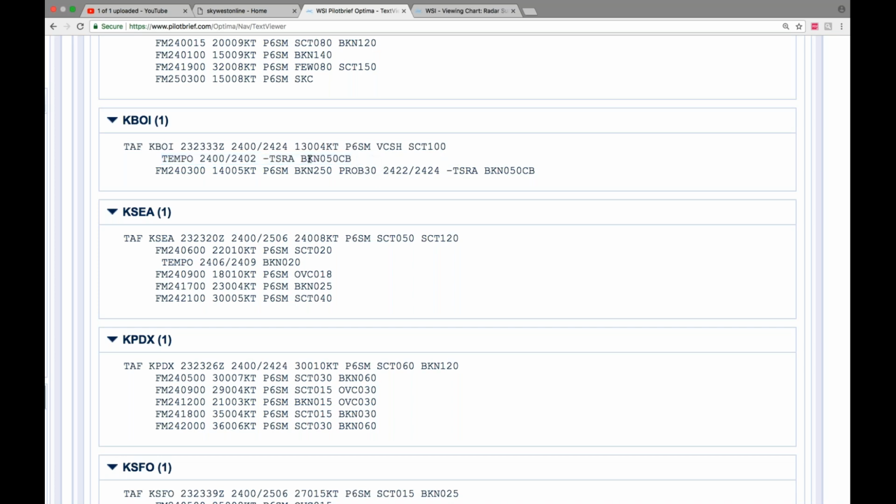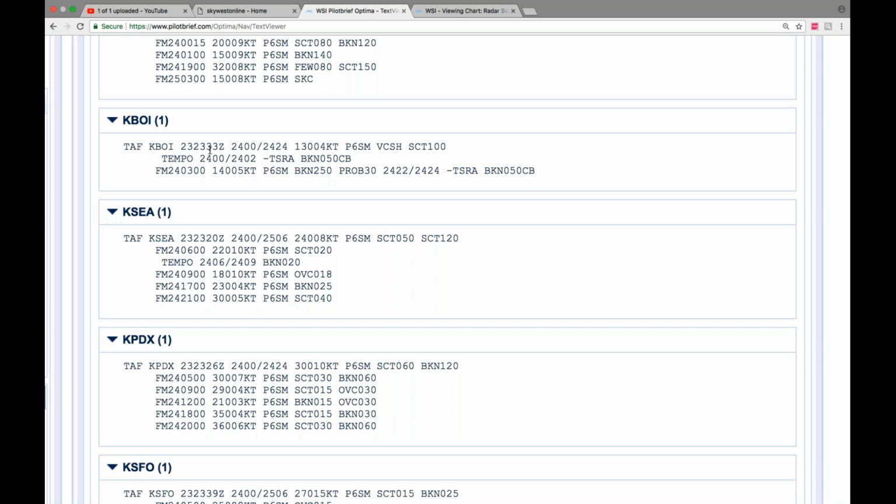All that a temporary means is that sometime between this line and this line, for a temporary amount of time, from the 24th at 00 Zulu until the 24th at 0200 Zulu, they're expecting light rain and thunderstorms, and for it to be broken at 5,000 feet with cumulonimbus clouds.